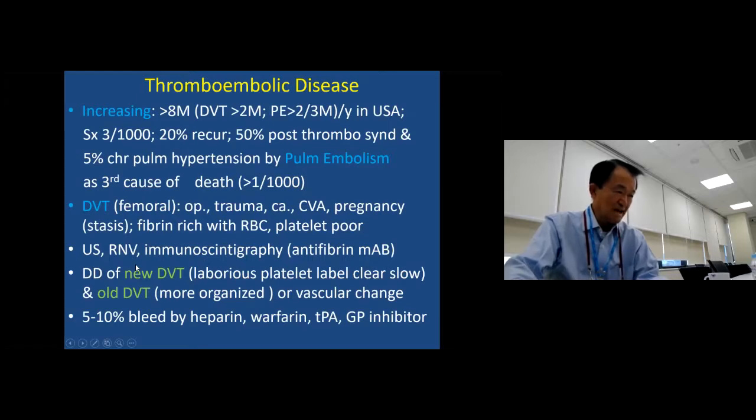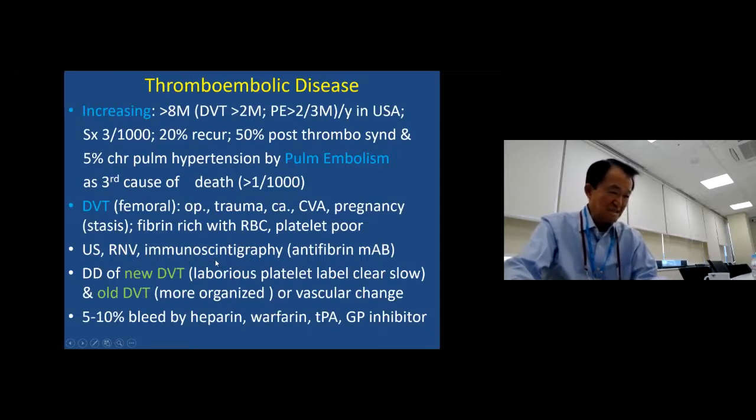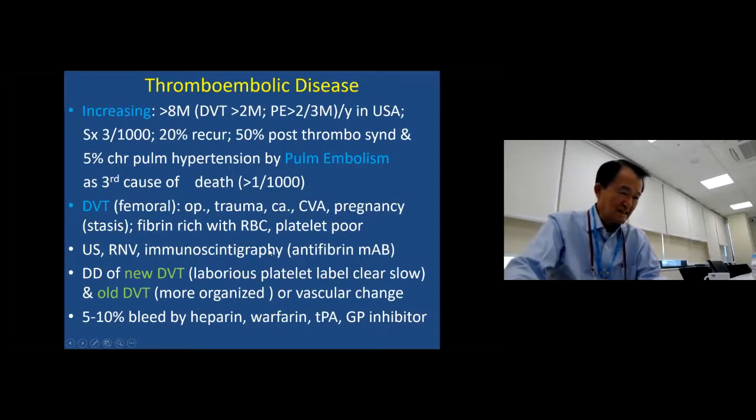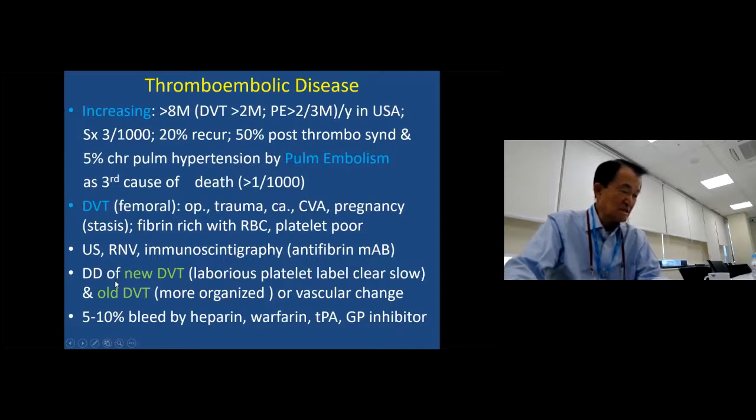So we have some ultrasound, radionuclide, and now maybe more specific immunoscintigraphy diagnosing antibodies against the fibrin. And so we often need a differentiation of new versus old blood clot in deep vein thrombosis.